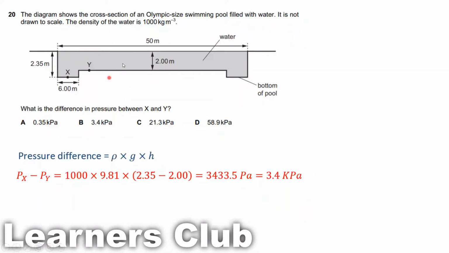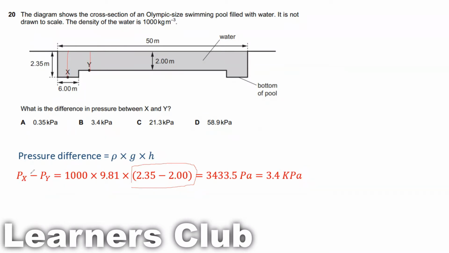So the density of water is given as 1000 kg per meter cube. g is 9.81. The difference in height, that's the vertical height, is 2.35 meter minus this length, 2 meter. So the difference in height is 2.35 minus 2.00 meter, which is 0.35 meter.